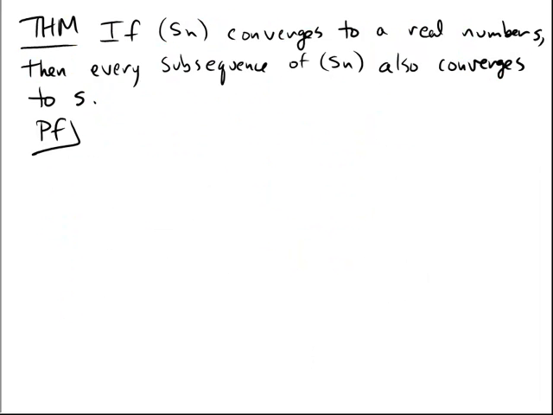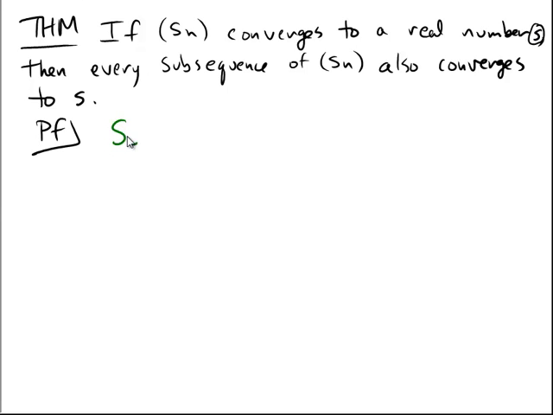Okay, so now that we know that fact, we can actually prove an interesting theorem here: if s sub n converges to a real number s, remember, if we have a limit, it's unique, so we're converging to a real number called s, then every single subsequence of s sub n also converges to that exact same number s. Let's see if we can show this here.